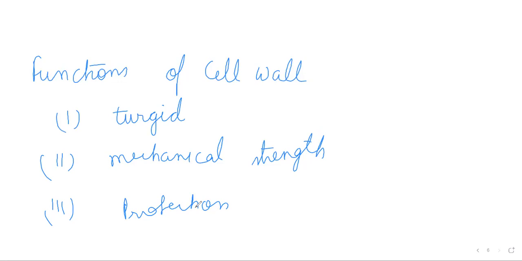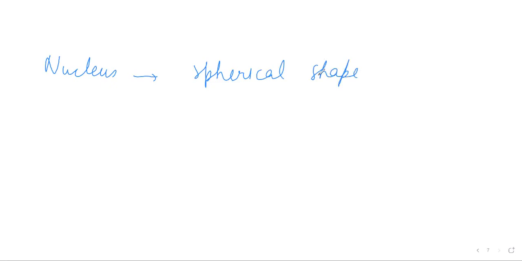So let's come to the nucleus. Nucleus is important because you can call it the control center of the cell. Its shape is spherical. It is a double membrane bound structure.